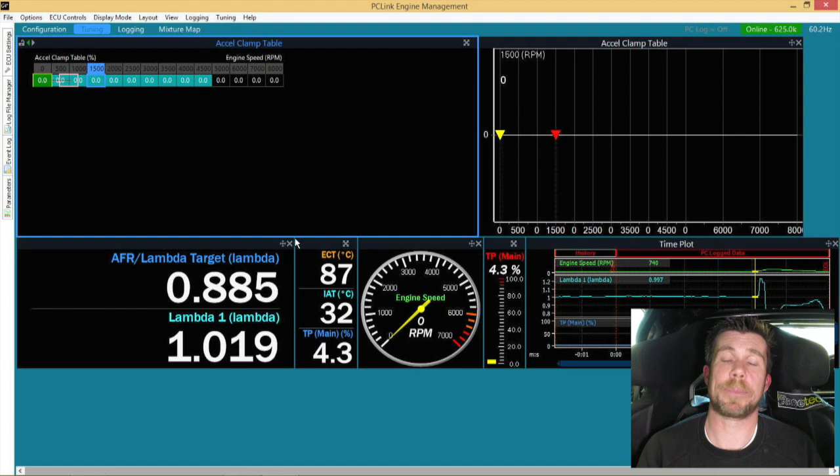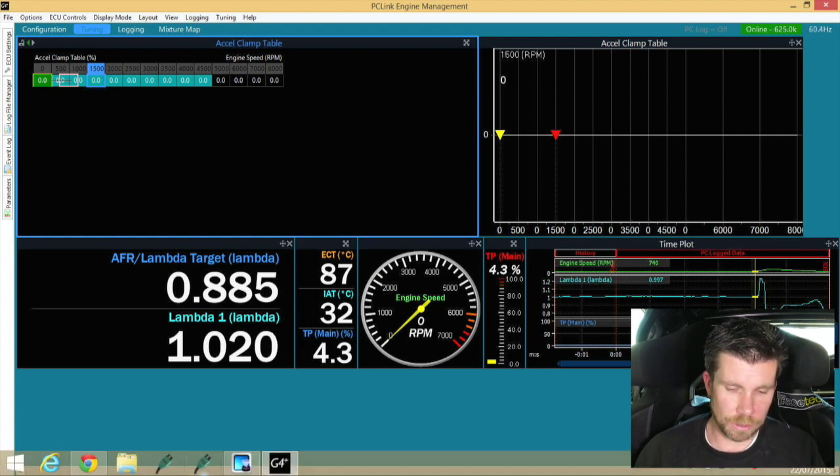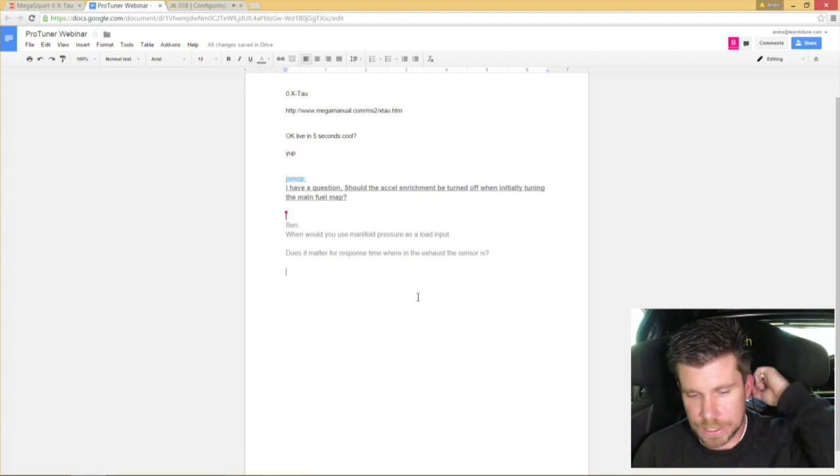Only use the lambda as a guide, and understand that particularly with these transient response tuning situations, there is the possibility that the response you're getting from the lambda sensor may not be entirely useful, or it may be a little bit misleading.